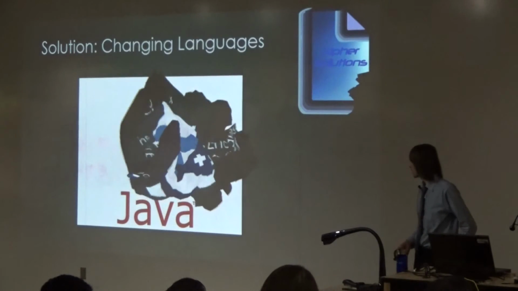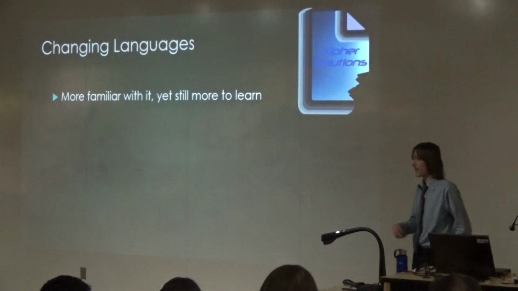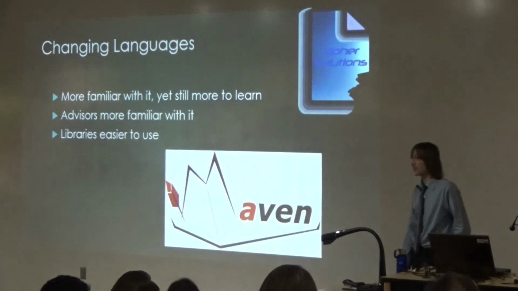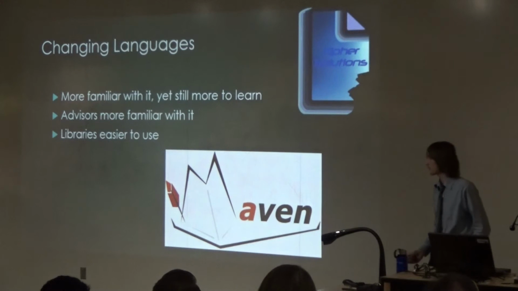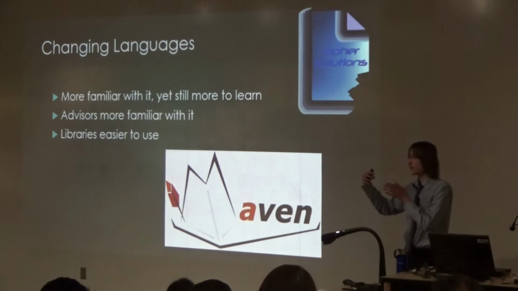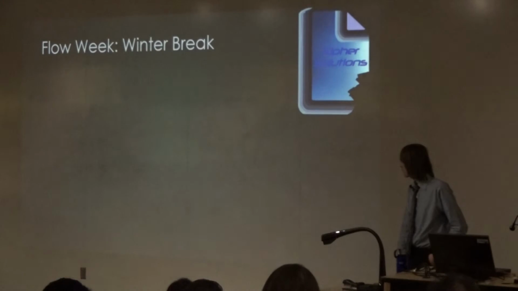In comparison to Java, which I ultimately decided to switch to because I was more familiar with it, but there was still much more to learn in terms of how I could store and encrypt data. My advisors were much more familiar with it because they actually coded in Java on a day-to-day basis. And the libraries are easy to use, especially with this plugin called Maven, which allows you to take dependencies and add them really quickly instead of having to download and do all the weird stuff.